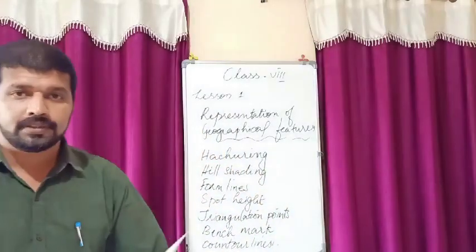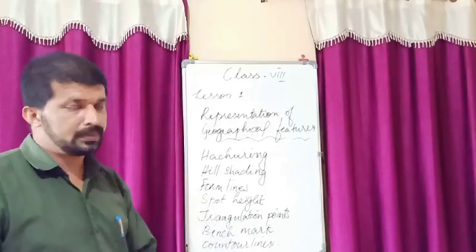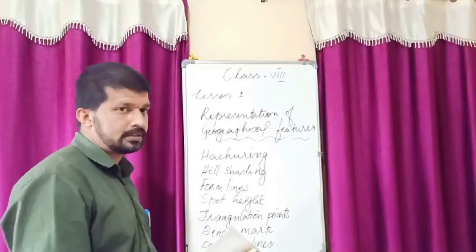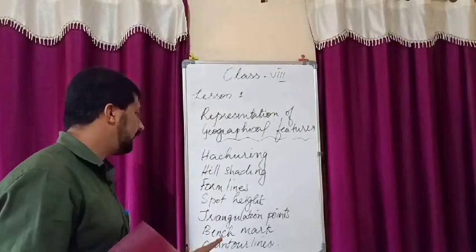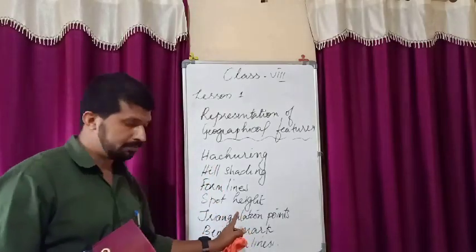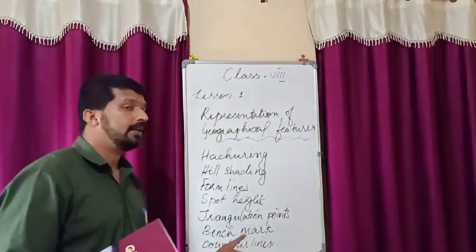These are the different methods by which we can represent the land features on the map: hachuring, hill shading, form line, spot height, triangulation points, benchmark and contour lines.